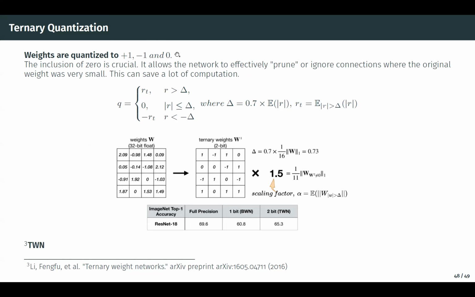So if some of the values are 0, then there will be no computation in this case. This is to show how ternary works in comparison to binary. We have better performance with ternary because now we have another level of representation.